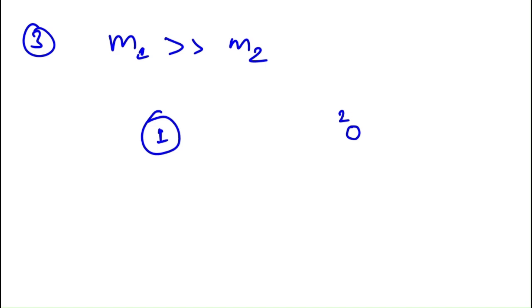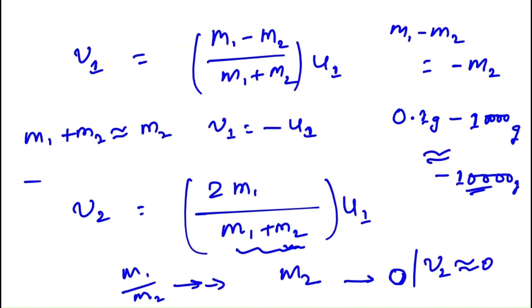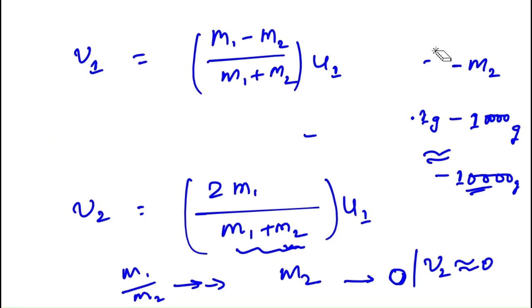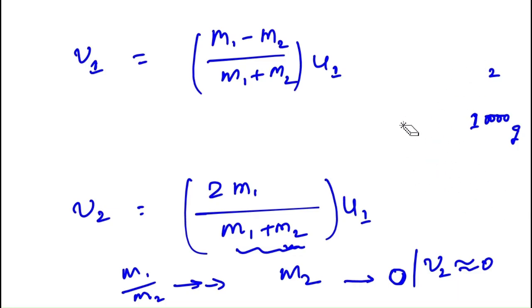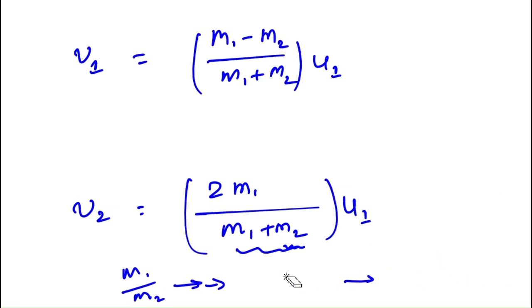So let's get back to these two equations. Let me clean it up, then we can continue our argument. So M1 is much greater than M2. It means M1 minus M2 is nearly equal to M1.